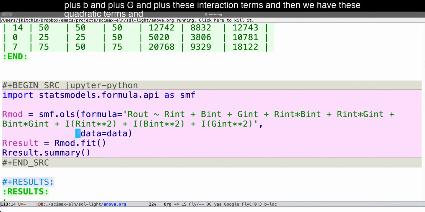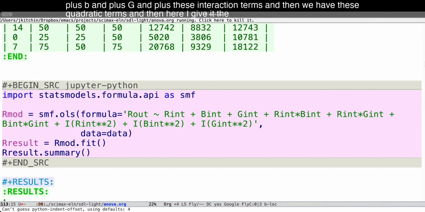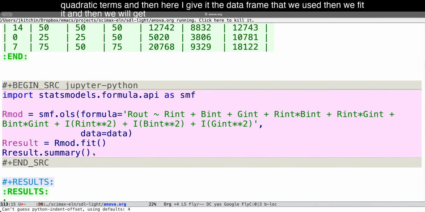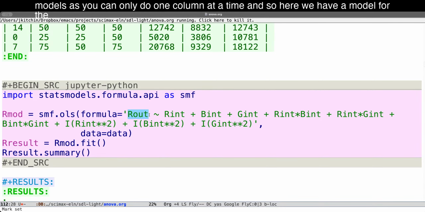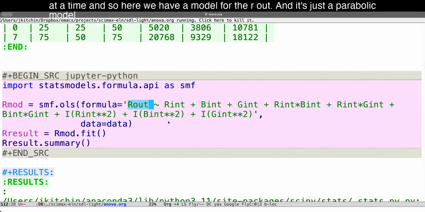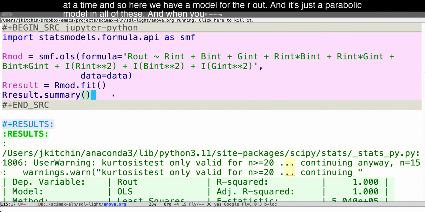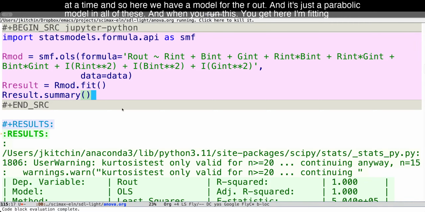Then I give it the data frame that we used, then we fit it, and then we'll get a summary. Now, one thing I'm not crazy about in statsmodels is you can only do one column at a time. So here we have a model for the R out, and it's just a parabolic model in all of these. When you run this, I'm fitting it, and then we get a summary.